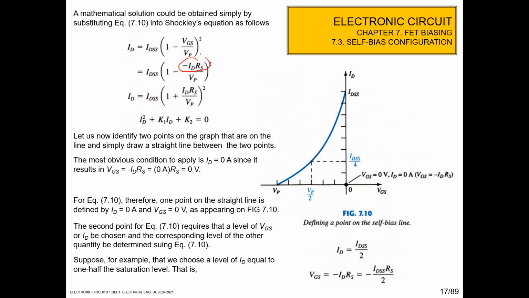So we can get this equation. We can write it in a simple form: ID squared, plus a constant K1 multiplied by ID, plus K2 is equal to 0.